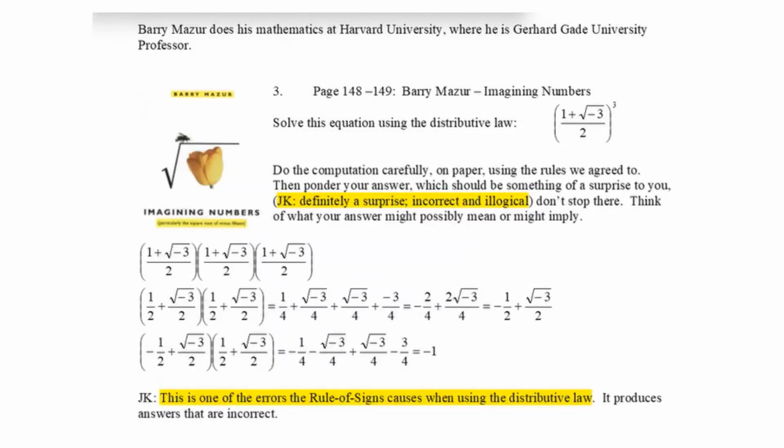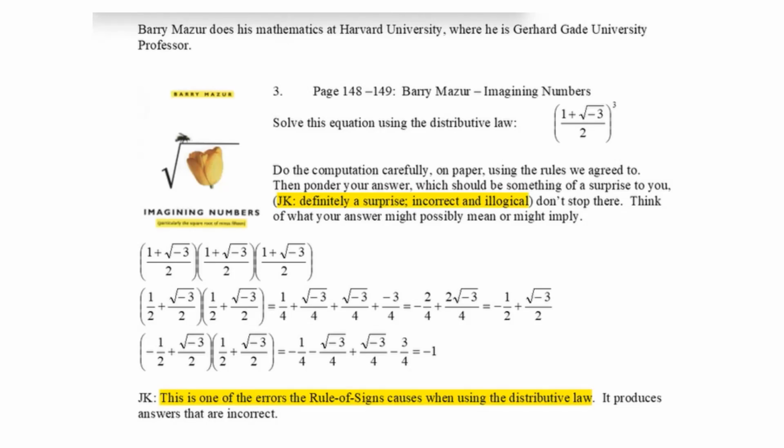This is an example of how imaginary numbers can produce incorrect answers. From Barry Mazur's book, Imagining Numbers, and Barry Mazur does his mathematics at Harvard University, where he is a university professor. Barry Mazur says, solve this equation using the distributive law, 1 plus the square root of minus 3 divided by 2 cubed.